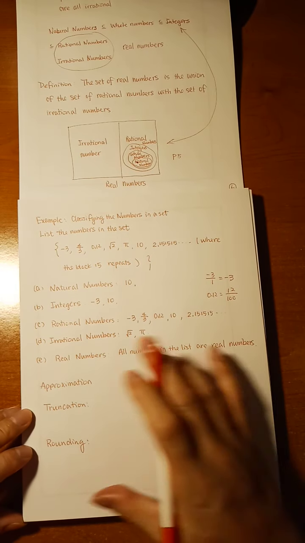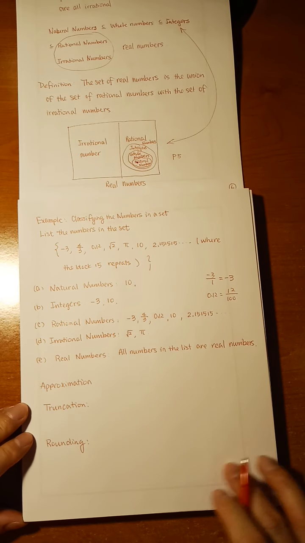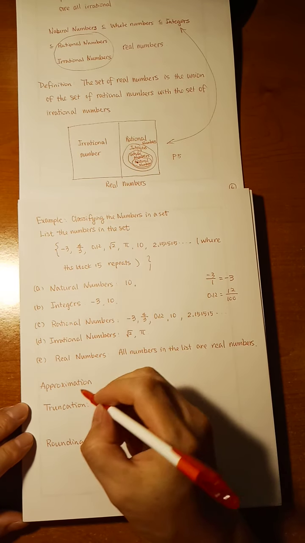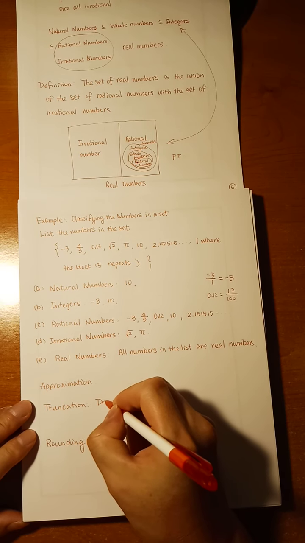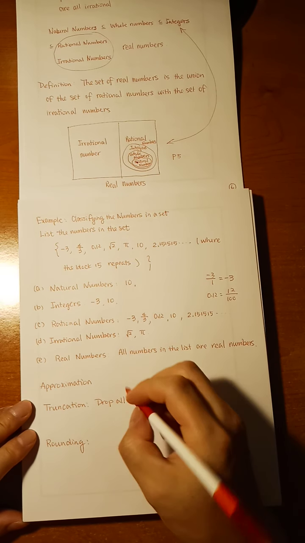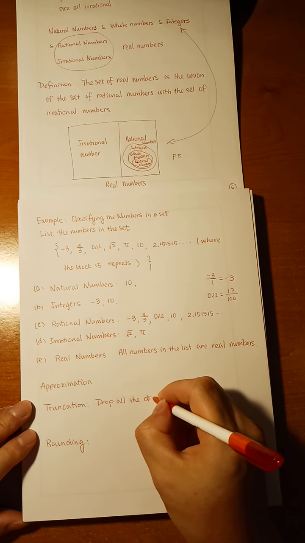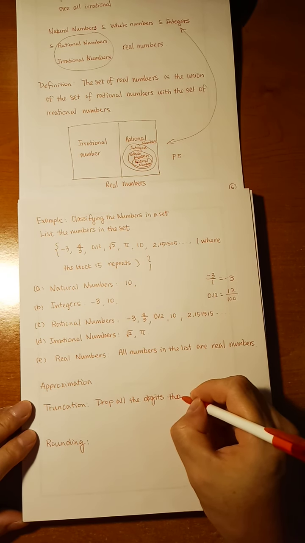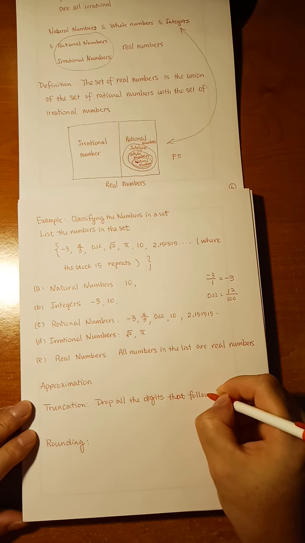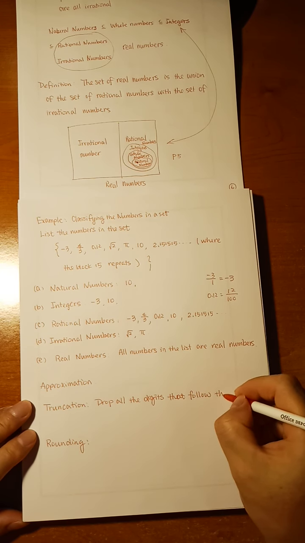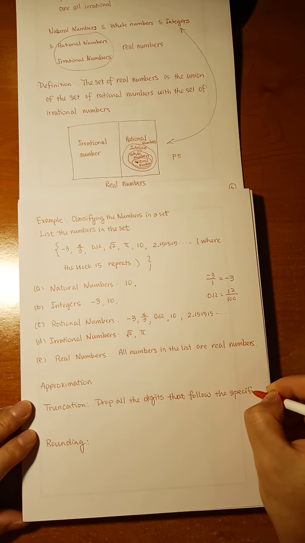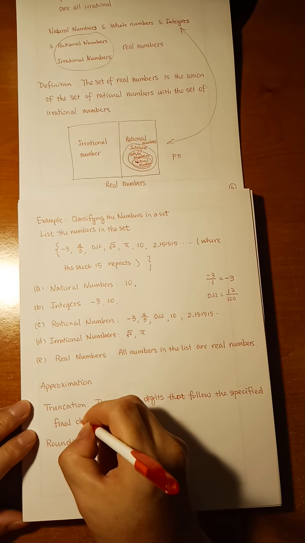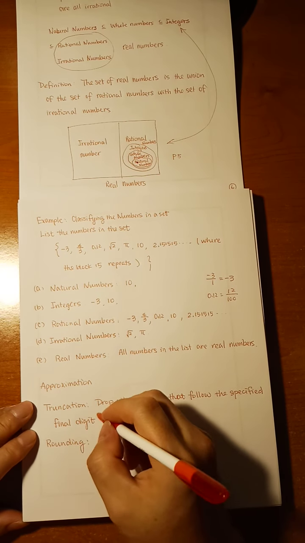So what is truncation? Let me give the official definition or the strategy, and then we will see the example. Truncation means drop all the digits that follow the specified final digit in the decimal.